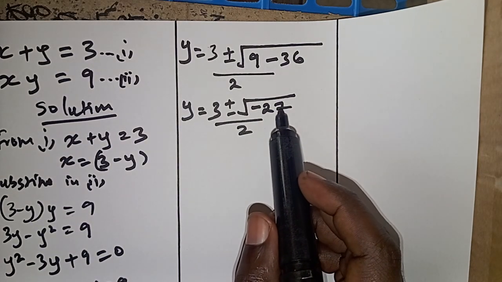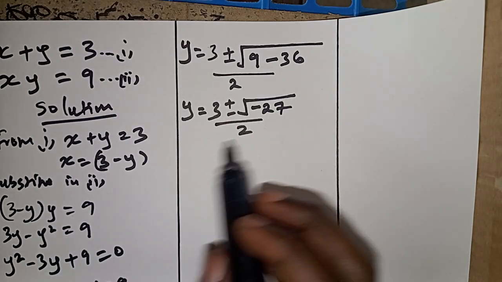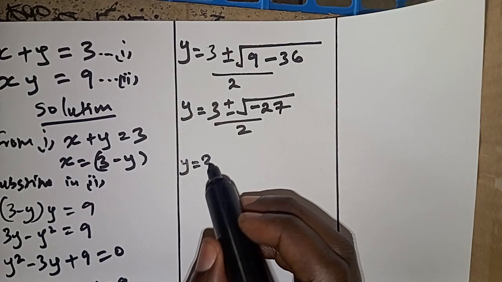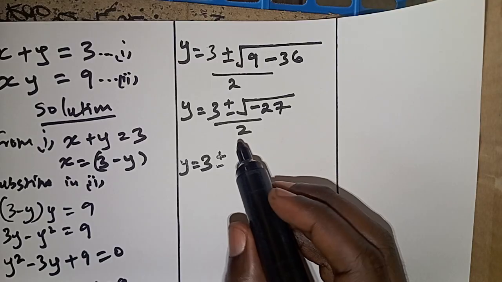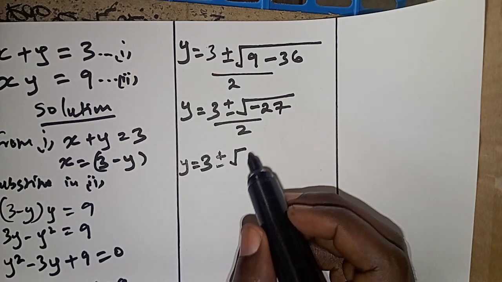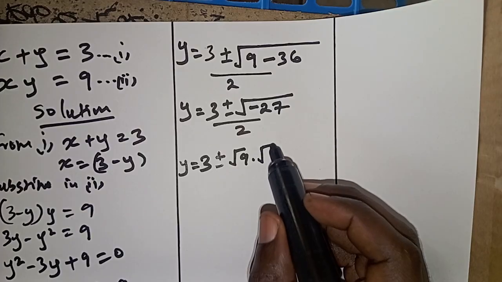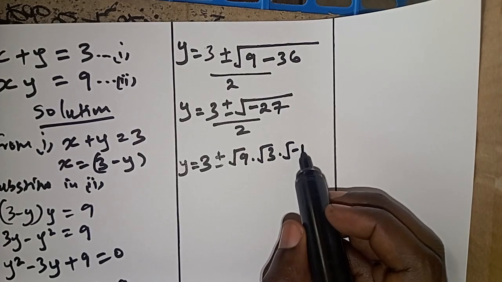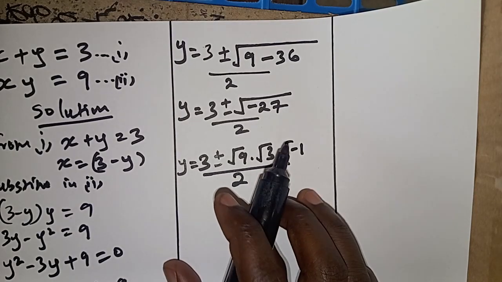This negative 27 can be written in terms of its factors, so that I simplify it as y is equal to 3 plus or minus, this is equivalent to root 9 multiplied by root 3 and then multiplied by root negative 1, all over 2.